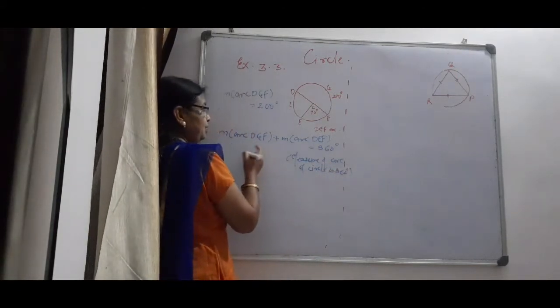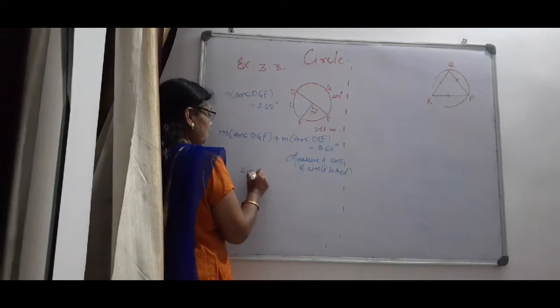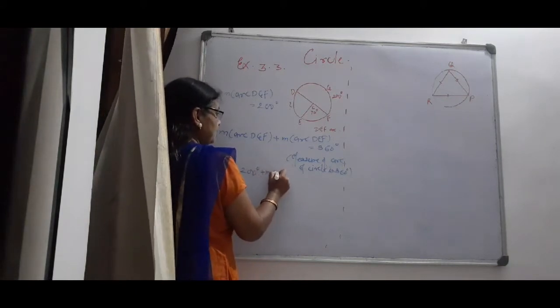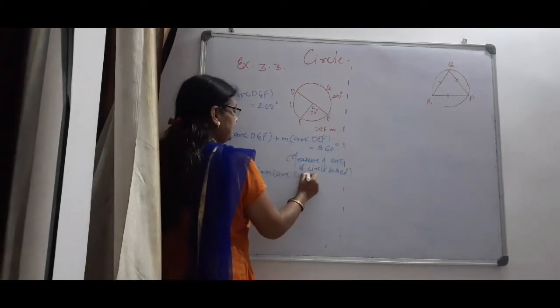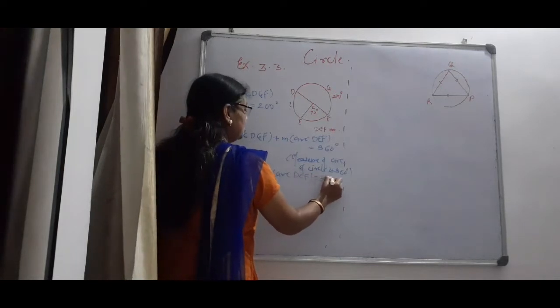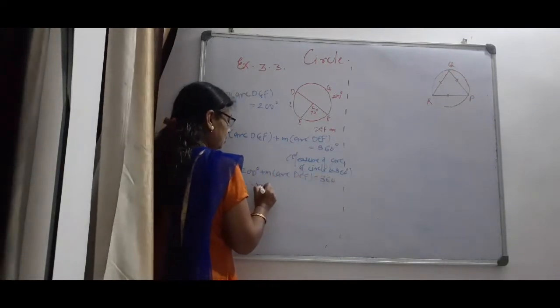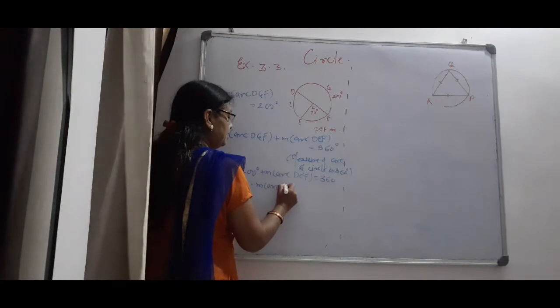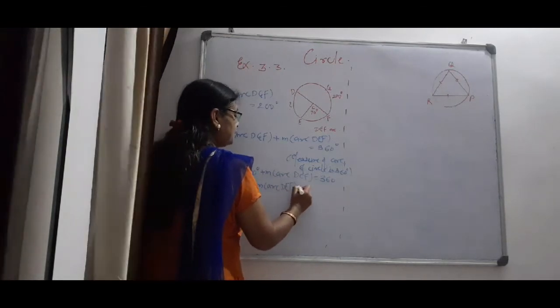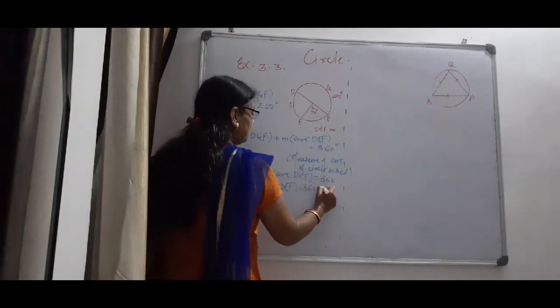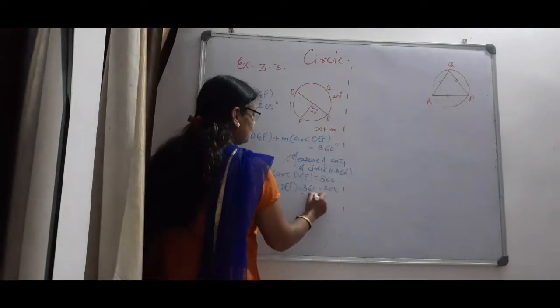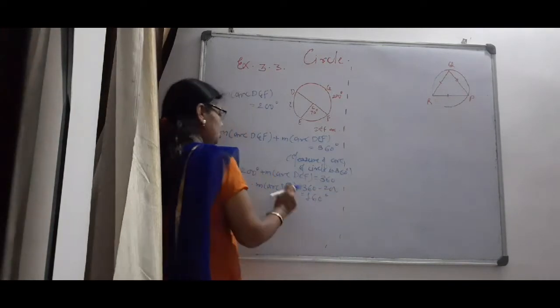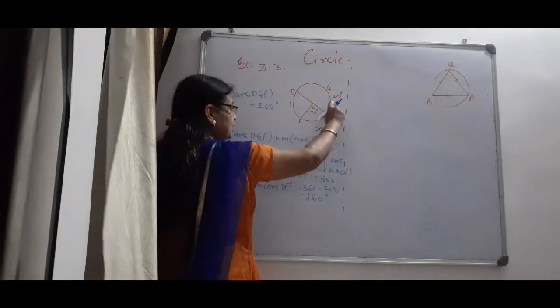Now put the value. DGF is how much? 200 plus measure arc DEF is equal to 360. And therefore measure arc DEF is equal to 360 minus 200, that is how much? 160. So DEF is 160.